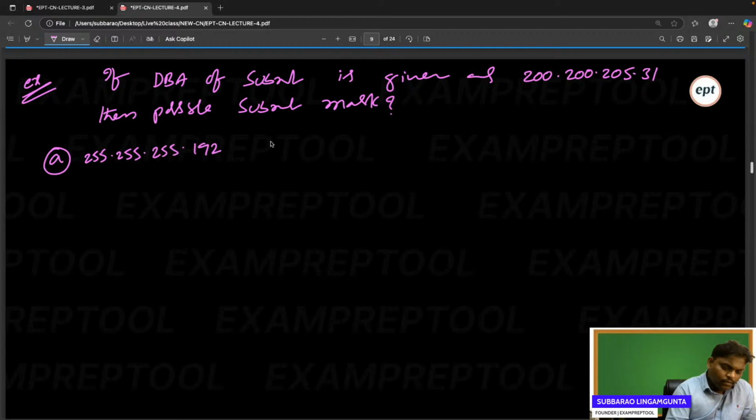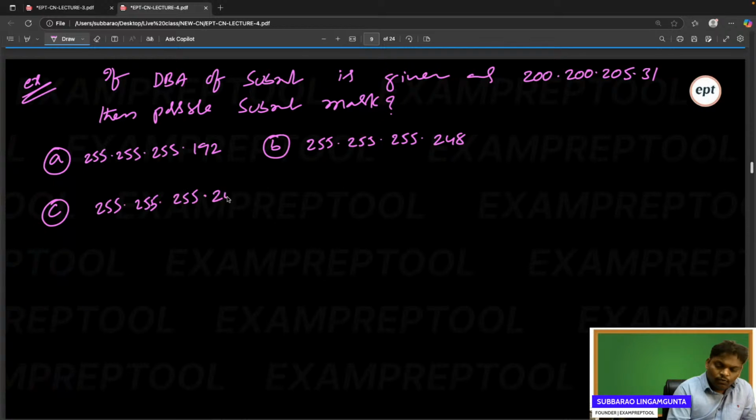Option B, 255.255.255.248. Option C, 255.255.255.240. Option D, 255.255.255.252.